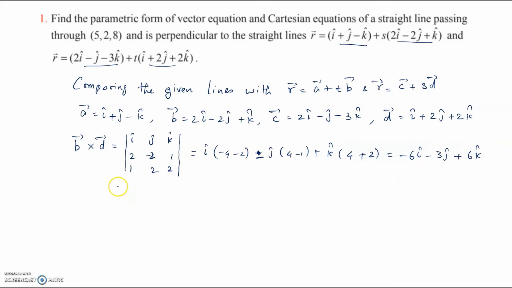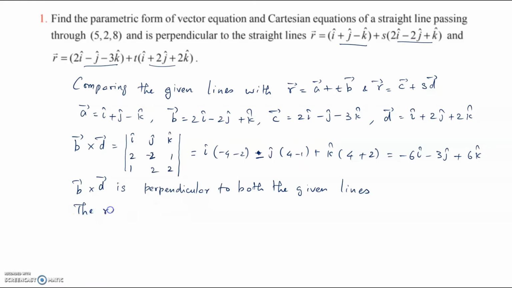So vector B cross product with D is perpendicular to both the given lines.